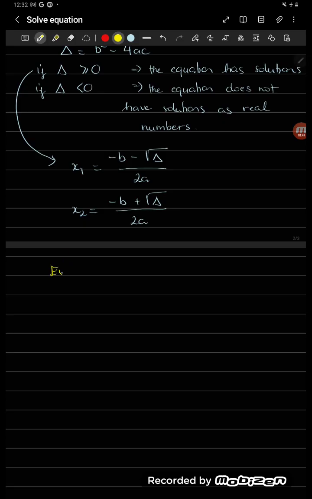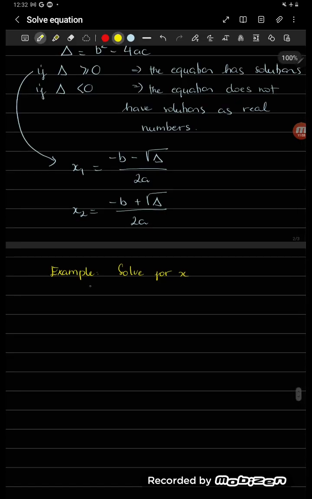Example: let's say we have an equation you need to solve for x, and the equation is 2x squared plus 5x subtract 3 equals 0.